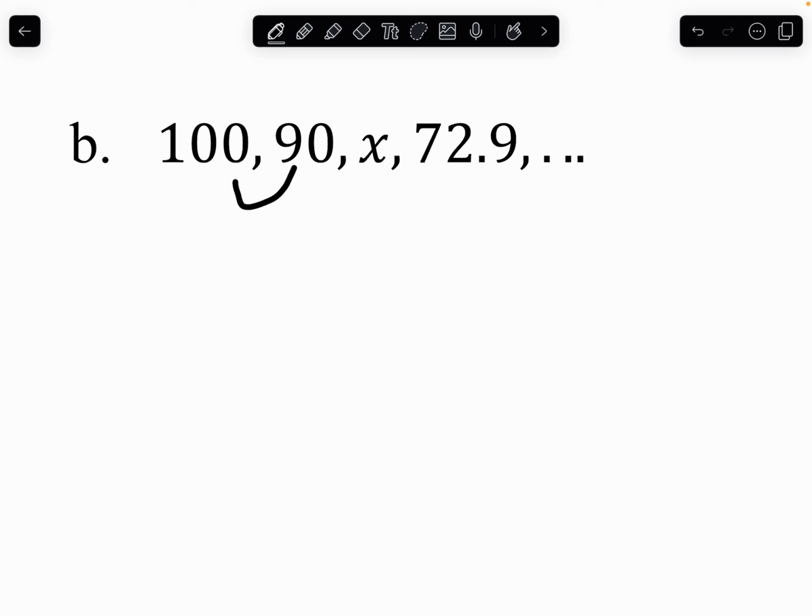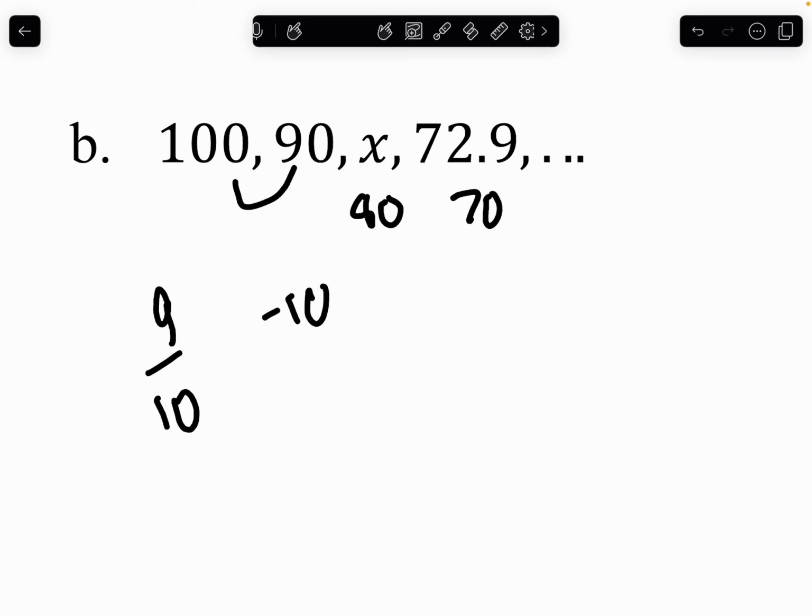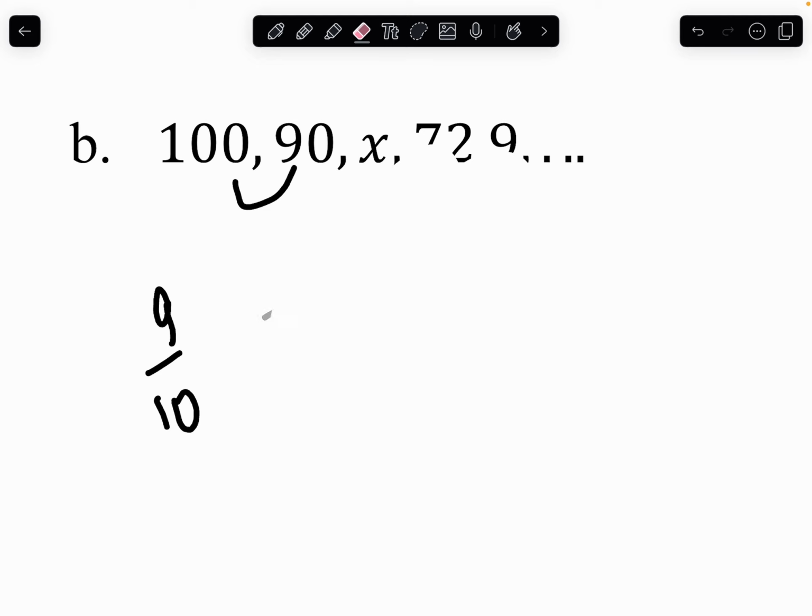And for geometric, the only way that can happen is if it's multiplying by 9 over 10. For arithmetic, it'd be minus 10, but if it was minus 10, it'd be 80 for the x. I don't know why I wrote 10. It'd be 80, and then it would be 70. But I know it's not because the numbers are wrong.